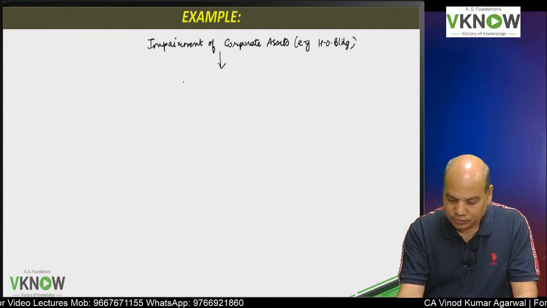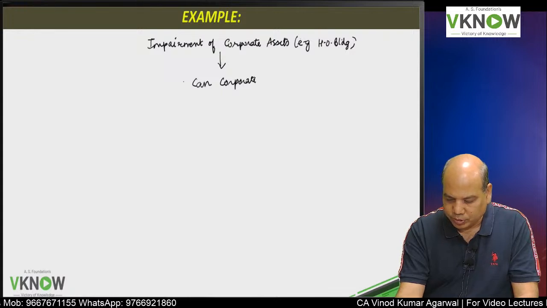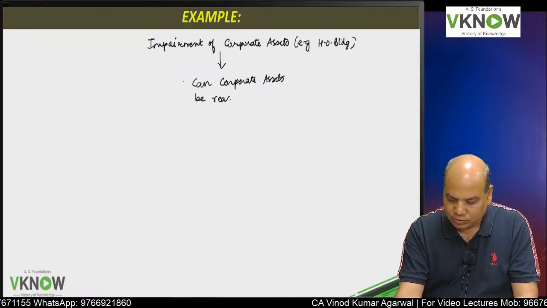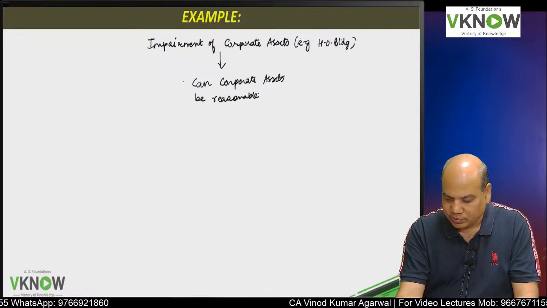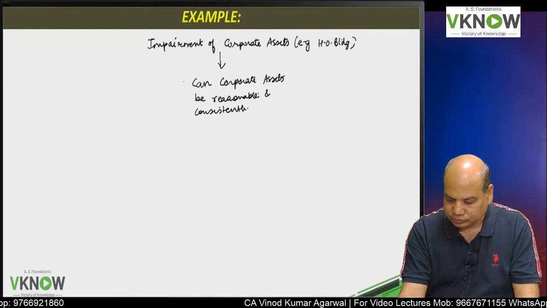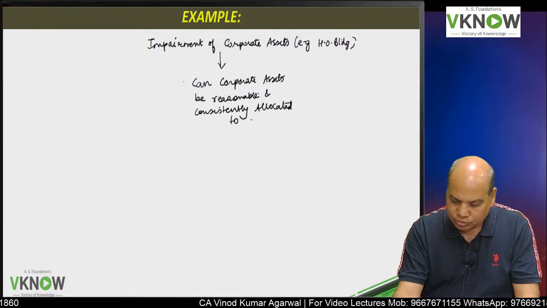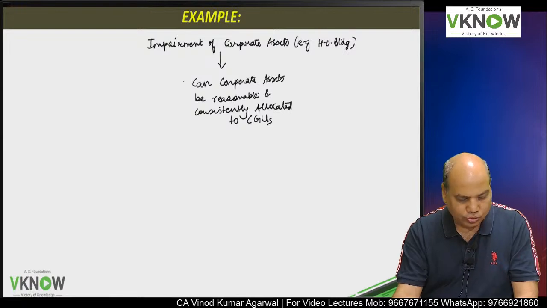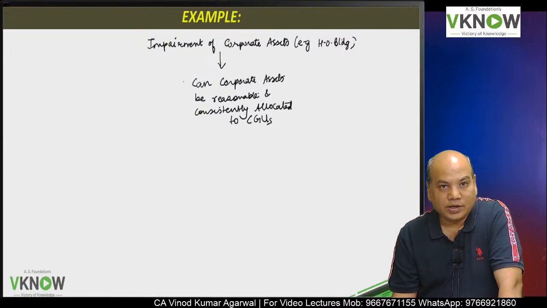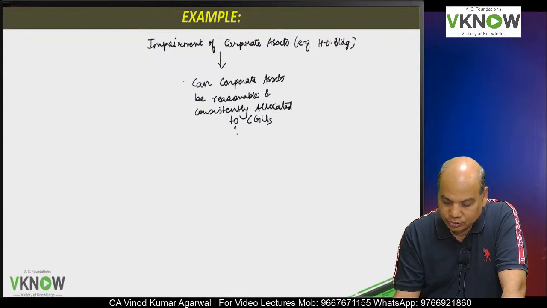So the question is, can corporate assets be, please note down, reasonably and consistently allocated to CGUs? Can corporate asset be reasonably and consistently allocated to CGUs? That is the question.